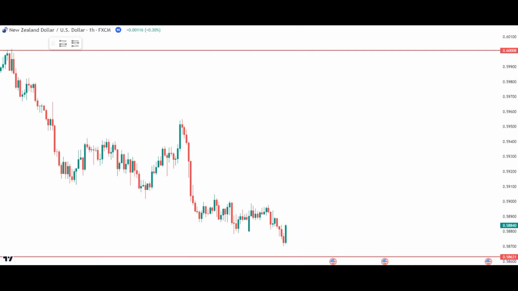I zoomed in a little bit, and what we see here at the 1 hour chart is a great and beautiful bullish engulfing candlestick pattern. Right here at this point, we have the support and resistance area from our multi-timeframe analysis, which could be a strong support here.